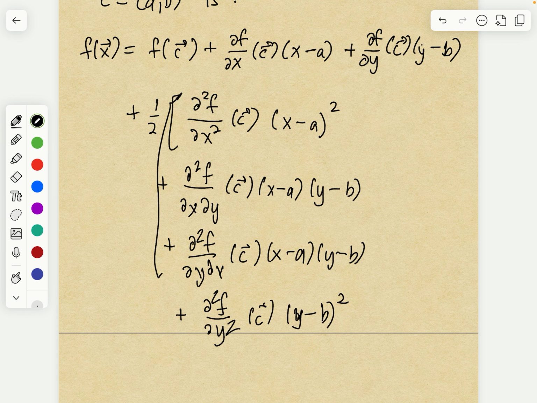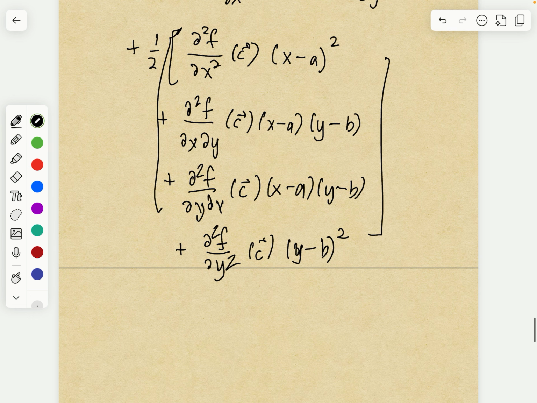So this whole thing is being multiplied by 1/2, and then you have these higher order terms.